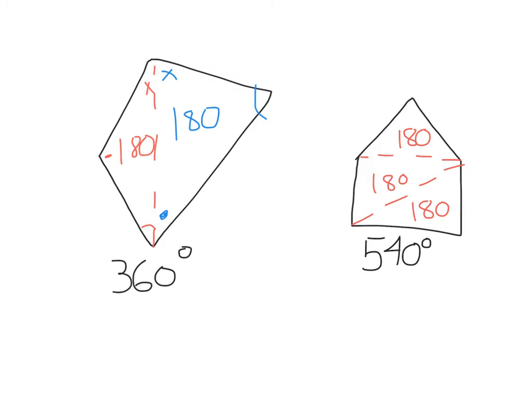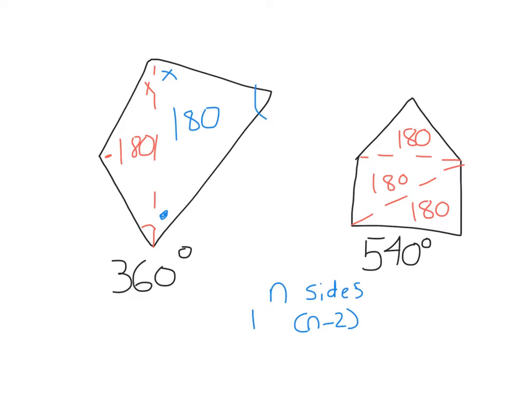We can probably see a pattern here. If a shape has n sides, I can divide it into n minus 2 triangles. A four-sided shape has 2 triangles inside. A 5-sided shape, I divide it into 3 triangles. If I had a 6-sided shape, I divide it into 4 triangles. So this is how many triangles I can divide a polygon with n sides into.